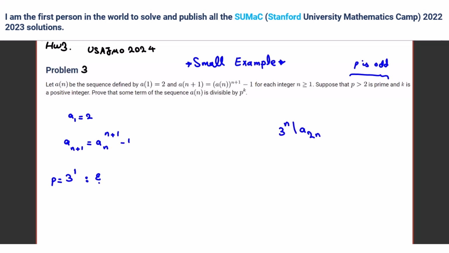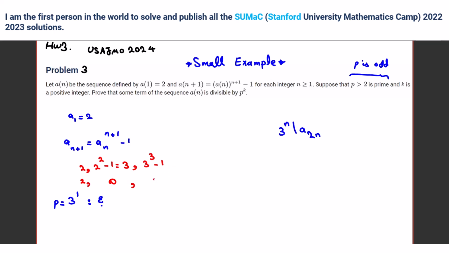Let's check this quickly. a1 is 2, next one is a2, which is 2 squared minus 1, which is 3. Next one is 0 cubed minus 1, which is negative 1 mod 3. Then the next one is 2 again.